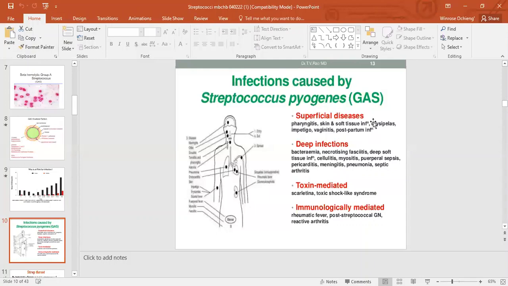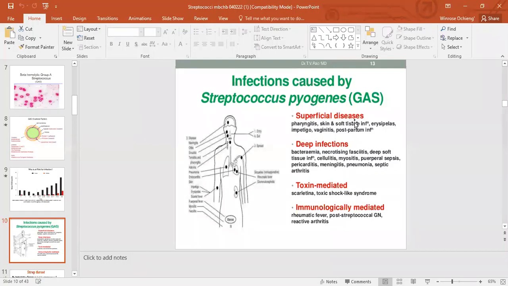We have the superficial diseases, whereby we have sore throat and vaginitis. We know it's very serious. Most of the time, in young children, if a sore throat is not treated, they can end up with rheumatic heart disease. It can lead to serious implications.